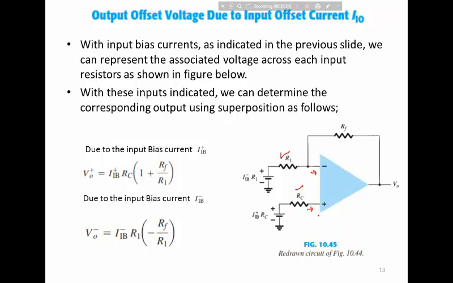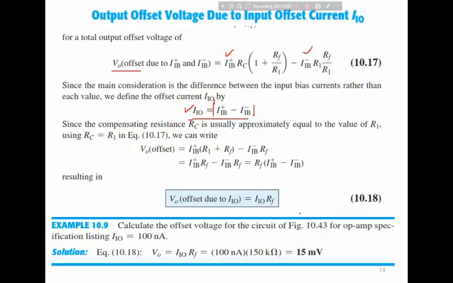This resistance is introduced to reduce the impact of input bias current, so this resistance is added for that purpose. The selection of this resistor is such that it is approximately equal to R1. So whatever the value of R1 is, you choose the corresponding value of RC.